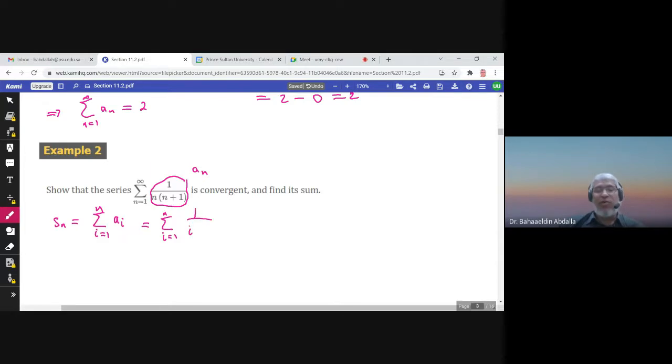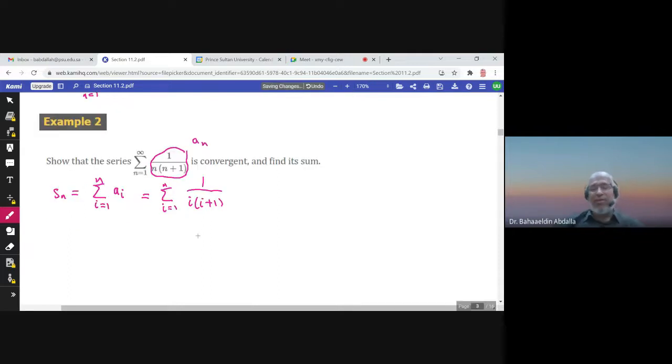It would be 1 over i times i plus 1. Now we can write this series, if you remember in section 7.4, when the denominator is factored and I have a rational function, I can write this as a over i plus b over i plus 1, isn't it?